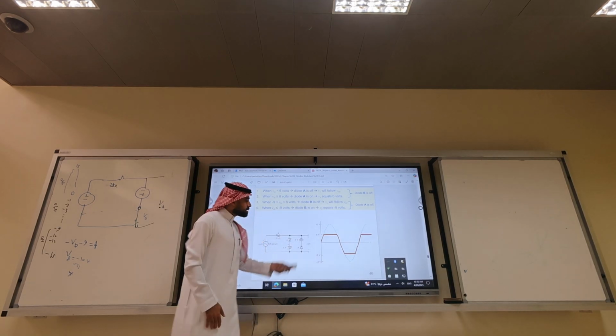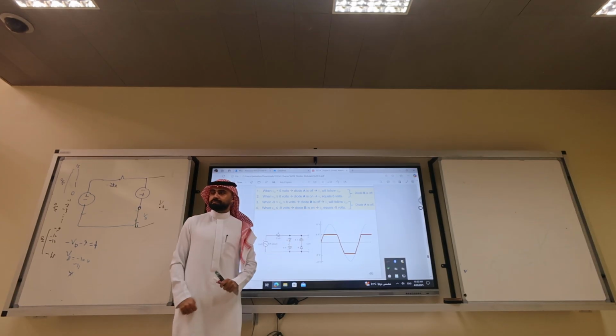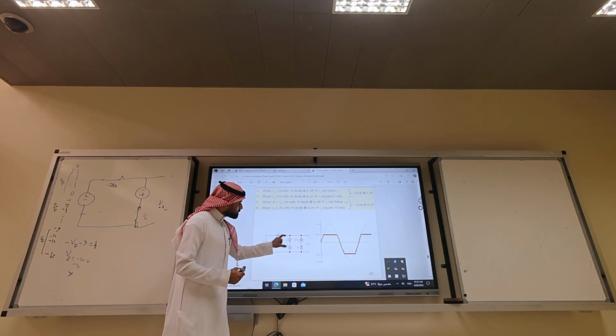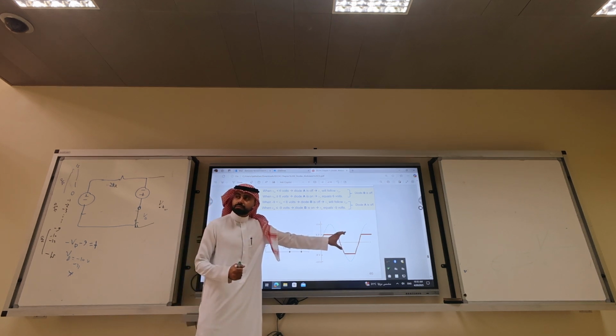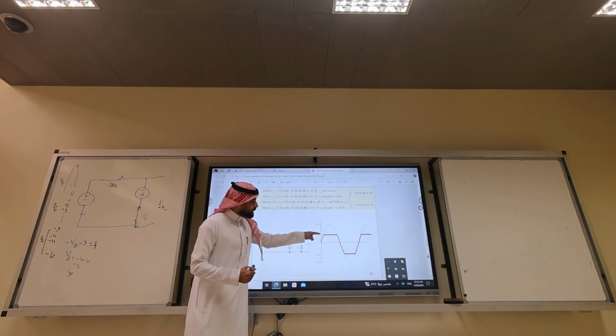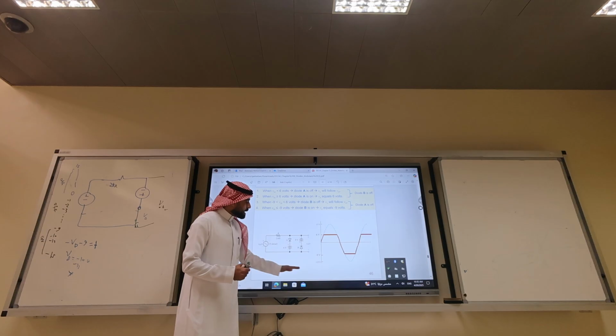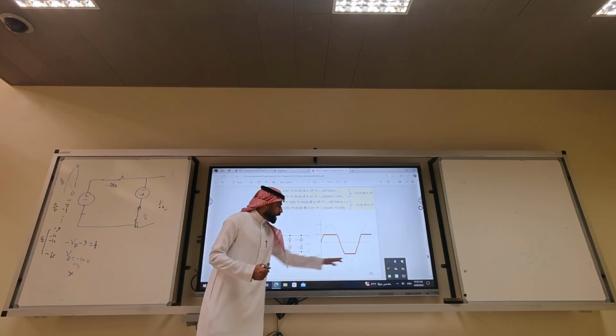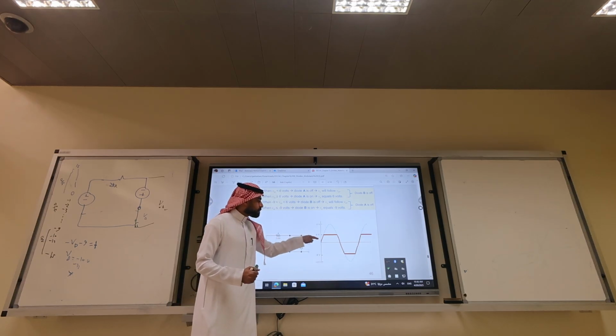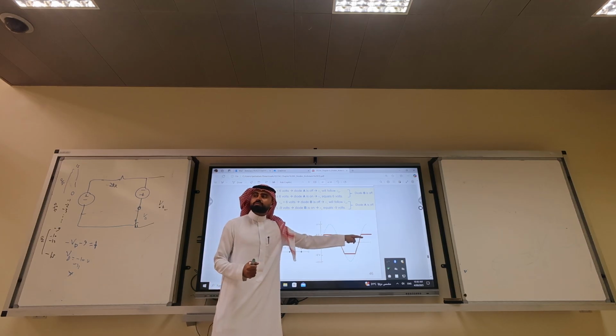How to analyze it? One branch at a time. At positive, anything above 6 volts, this will be short circuit and the output will be 6 volts. So anything above 6 volts, the output will be clipped. Anything below minus 9, the output will be clipped. Anything in between, V input equals V output.